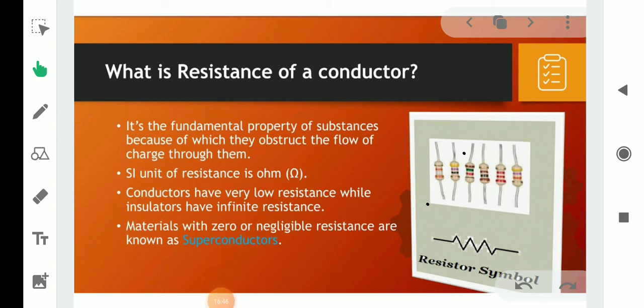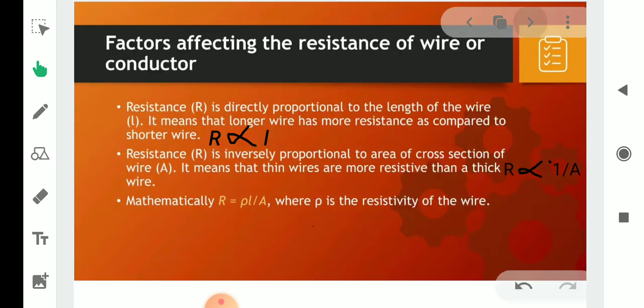Materials with zero or negligible resistance, very small, are called superconductors.